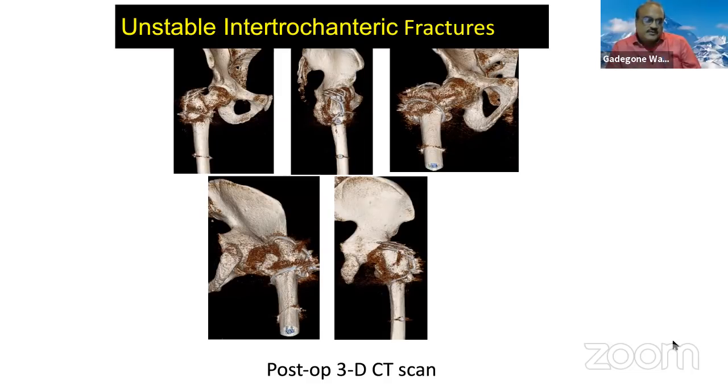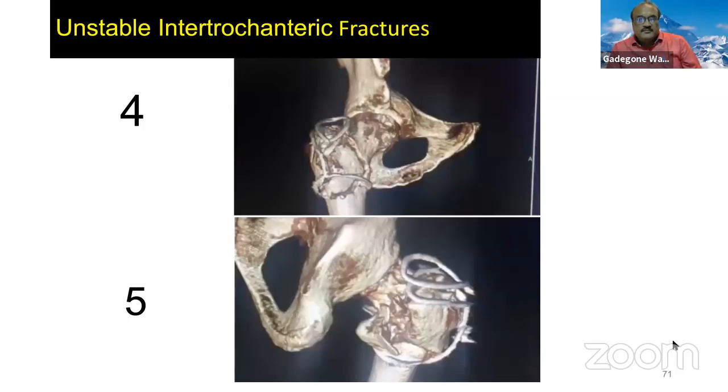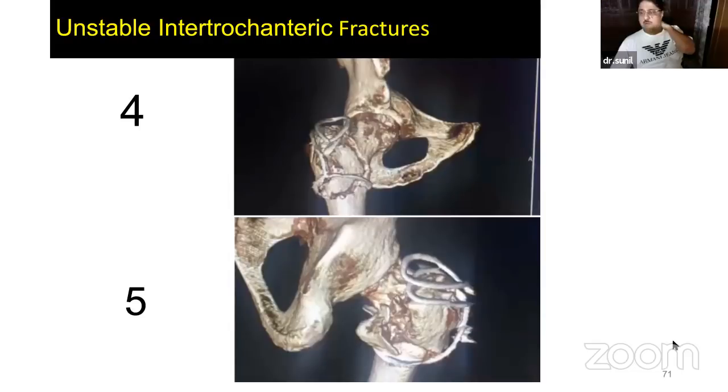Okay. Can you realize this? Figure 5. It is nicely fixed superiorly and inferiorly, holding the base of the greater trochanter. Chetan, what do you want to comment on this?